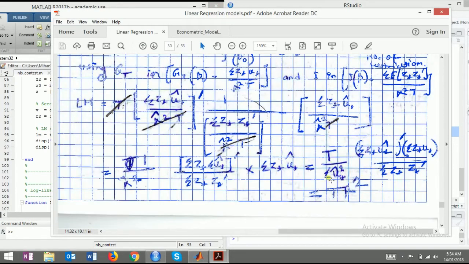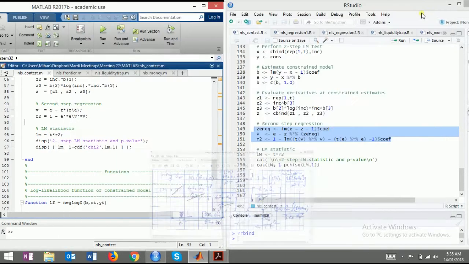So U's and Z's, you take, cross this off, right? You just cross this off. You have Z T Z T transpose, Z T Z T transpose, or you can take the whole thing to represent, yeah, U's and Z's to regress, second step regression.